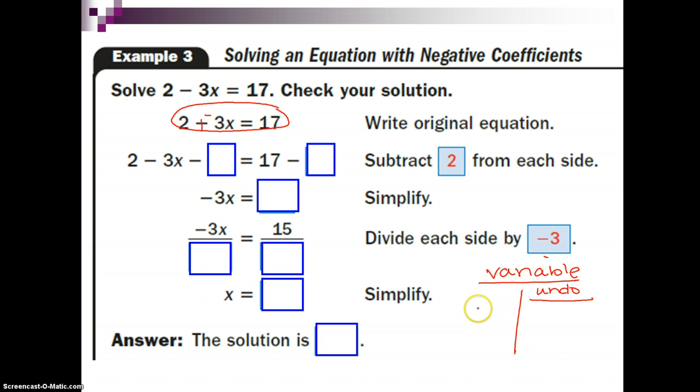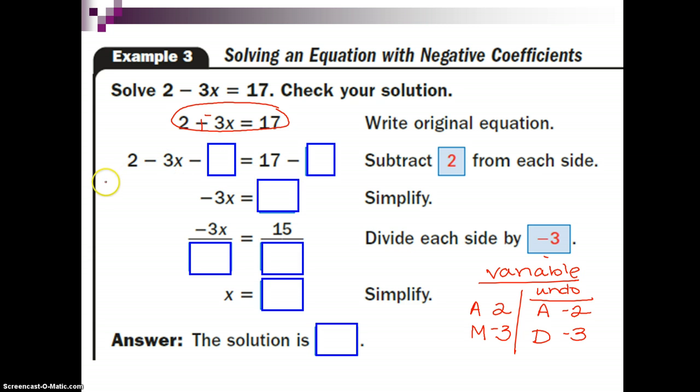There's no variable next to it, and it's being added to x. So adding 2, and then we have multiplication, and it's negative 3. So how do I undo that? Well, I add the opposite of positive 2, which is negative 2, and then the opposite operation or inverse operation of multiplication, and that is dividing by negative 3.